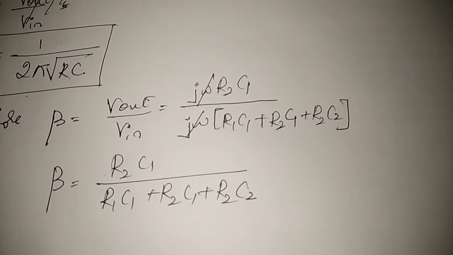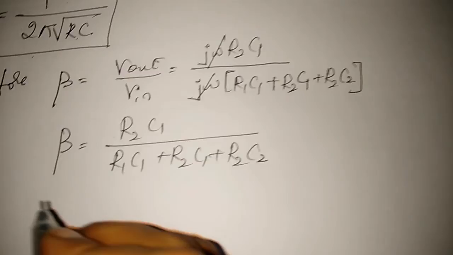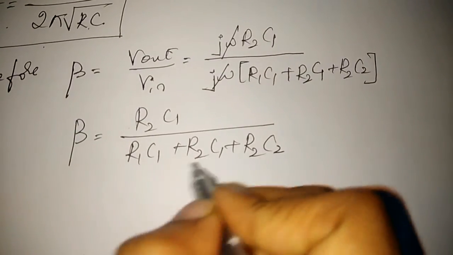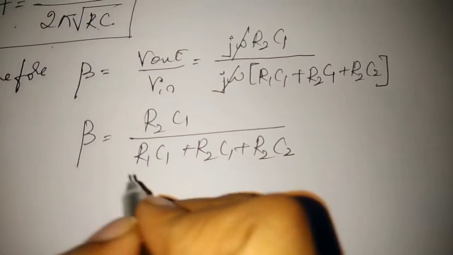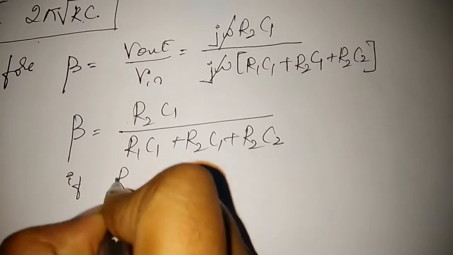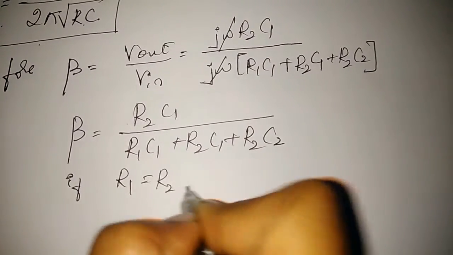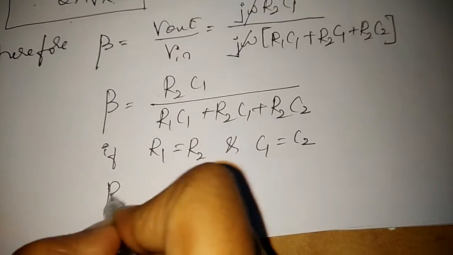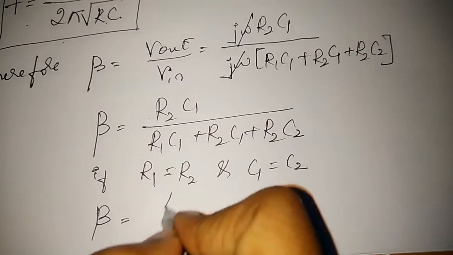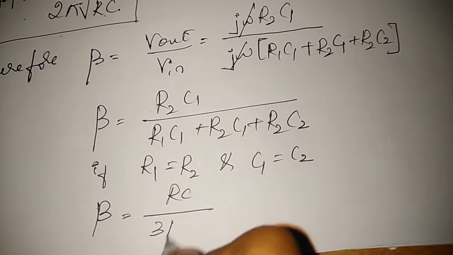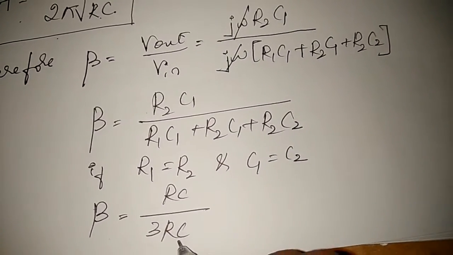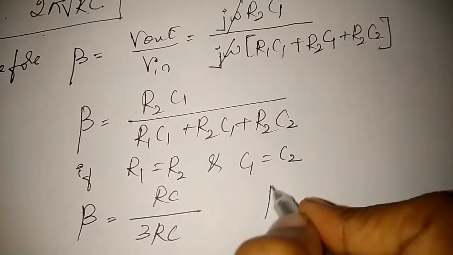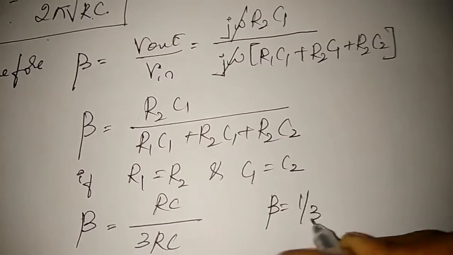So now if I consider R1 is equal to R2 and C1 is equal to C2, we'll get beta is equal to RC divided by 3RC, is it not? So we'll get beta is equal to 1 by 3.